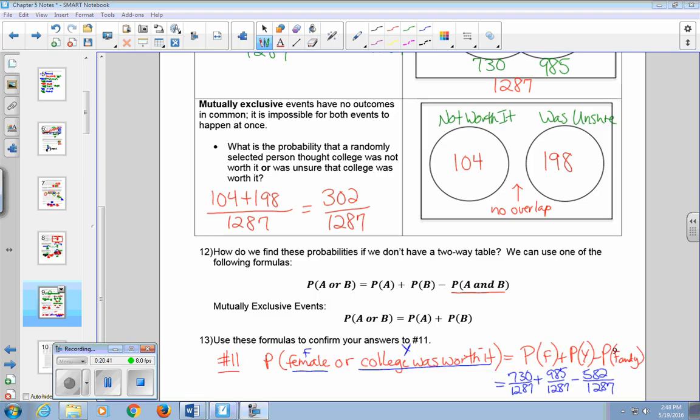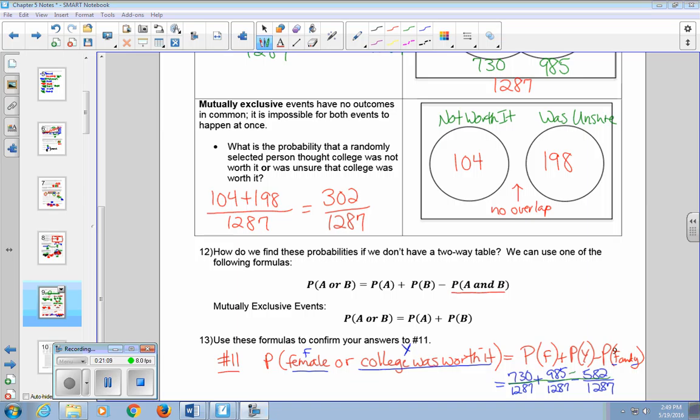Okay, so first one in number 11, we were looking at the probability that female or that they thought college was worth it. I'm going to say female is F and college is worth it is Y. So using our formula, we're looking at the probability of female plus the probability they say yes minus that overlap, female and they say yes, it's worth it. So with those two probabilities down below, and notice since they have the same denominator, we can just add and subtract our numerators.